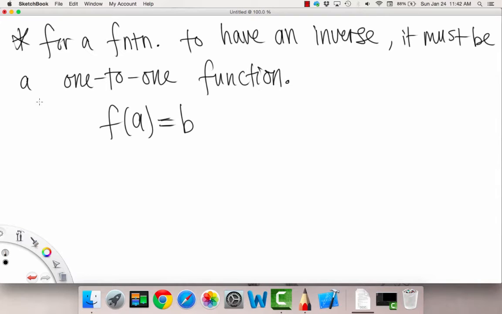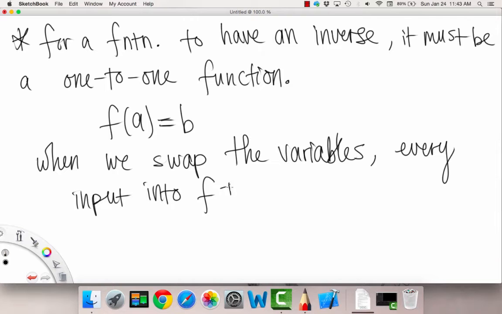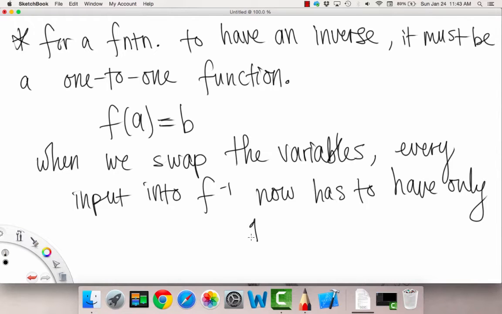And the reason this is a requirement for a function to have an inverse is that when we swap the variables, or our inputs and outputs, right? The inputs become outputs and the outputs become inputs. So when we swap the variables, every input into our inverse function now has to have only one singular output.